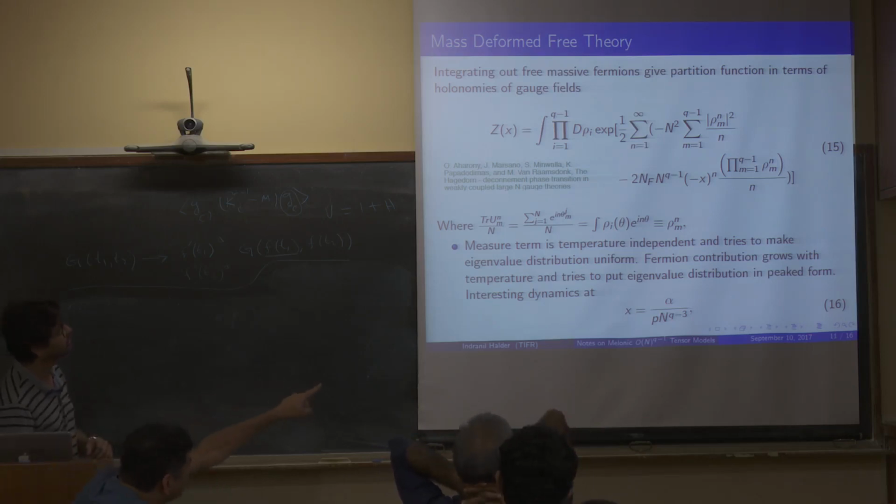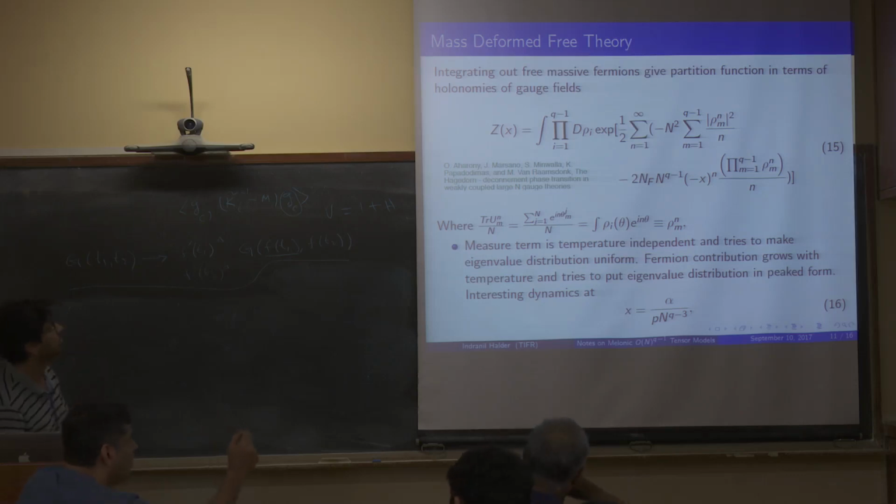Let's say we are restricted to n equals 1. So we've got rho, I'm not even going to say the n index. So we've got rho 1, rho 2, rho 3, and so on. When we vary with respect to rho 1, we get the product rho 2, rho 3, rho 4, and so on. However, you can prove that all solutions of these preserve the replica symmetry. So rho 1 is equal to rho 2 is equal to rho 3.